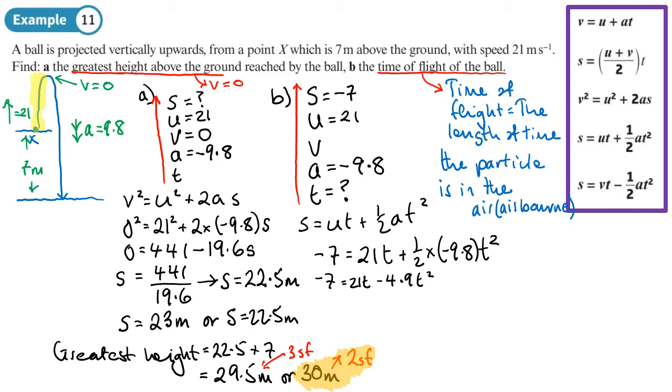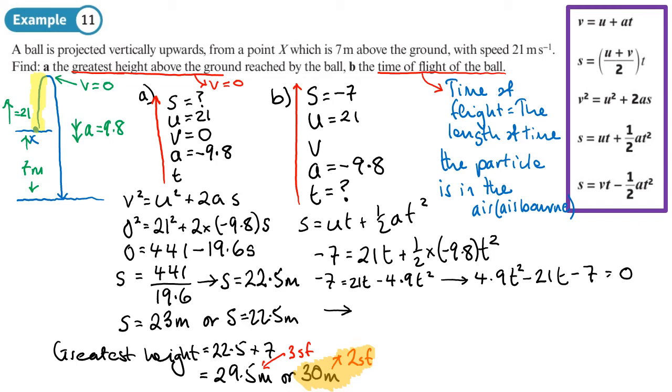So let's make this into a nice looking quadratic. So that would be 4.9 T squared minus 21 T minus 7 equals 0. So we can use our calculators to solve this, or we can use the quadratic equation. I think it'll probably be too tricky to try and factorize, especially with a decimal there.